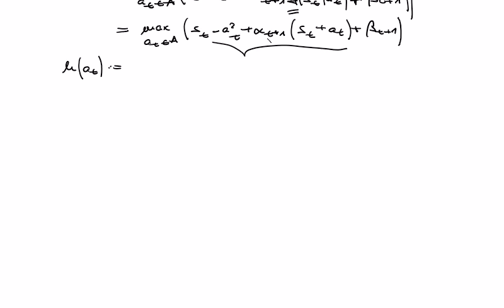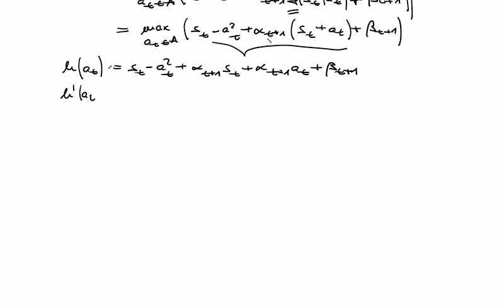So h of a_t is s_t minus a_t squared plus alpha t plus 1 times s_t plus, I multiply it out, then we don't have to worry about the brackets. So we have alpha t plus 1 times s_t plus alpha t plus 1 times a_t plus beta t plus 1. And we want to maximize this, and we did that last time already a number of times.